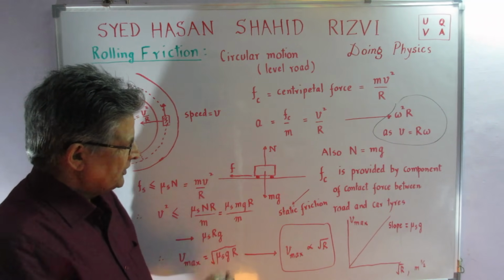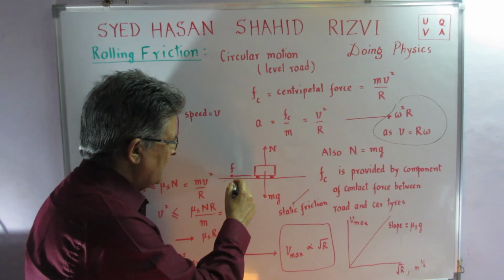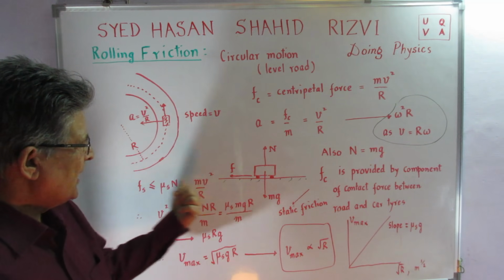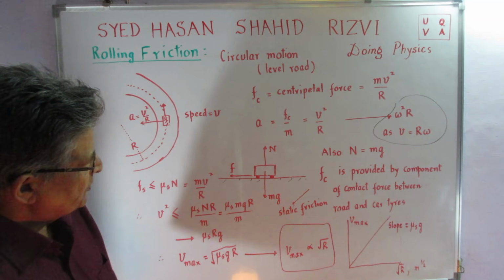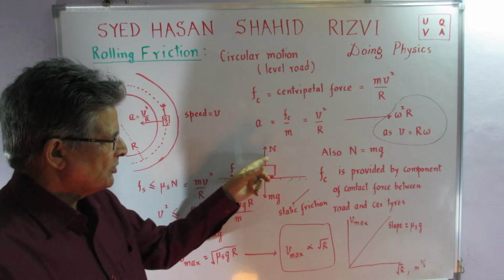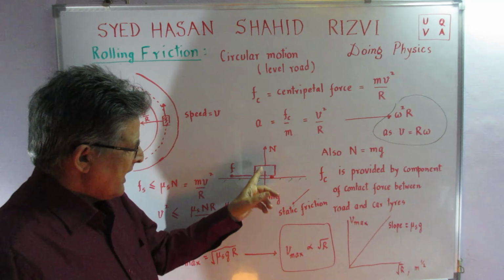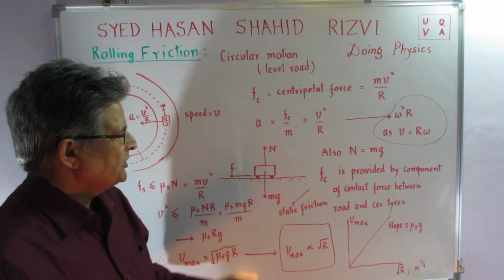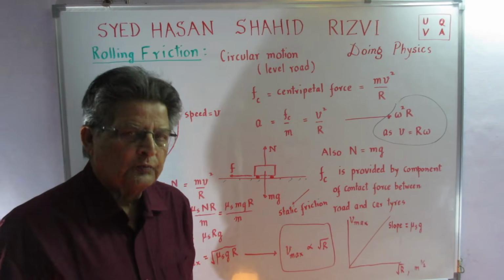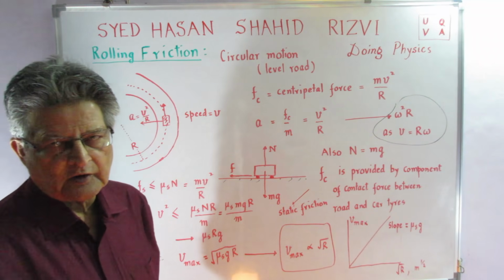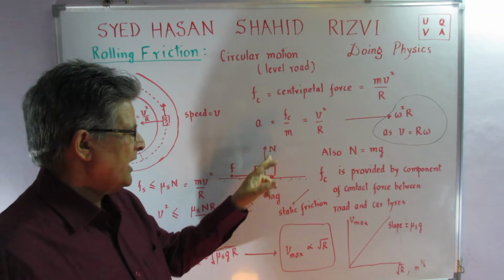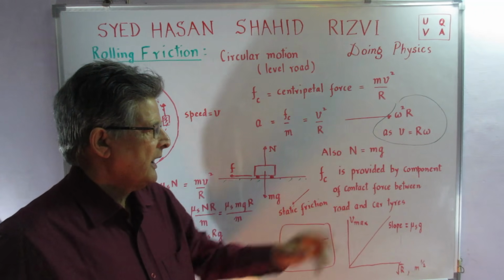So if there are no deformations, and this is the road and this is the path the body is taking, with the center of the path on this side, then the normal reaction is N, which is the manifestation, as I told you, of electromagnetic forces, and the gravitational pull of the earth is mg. Because there is no acceleration in the vertical direction, the net force should be 0, so N minus mg is equal to 0, so N is equal to mg.